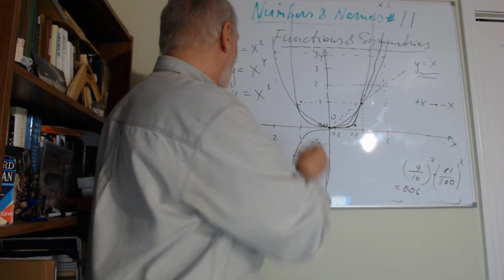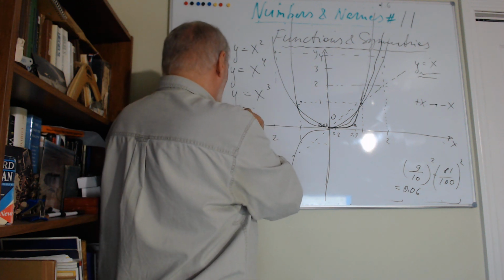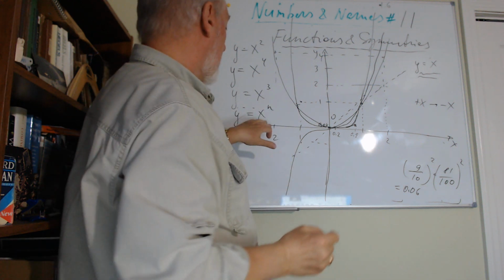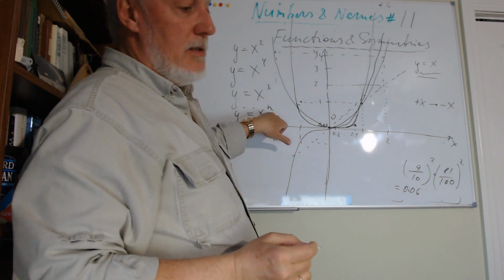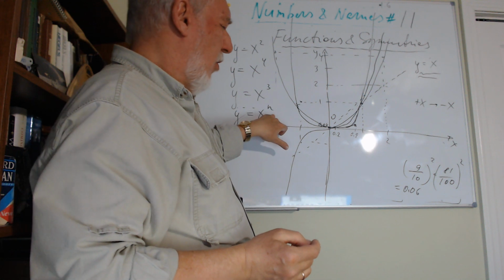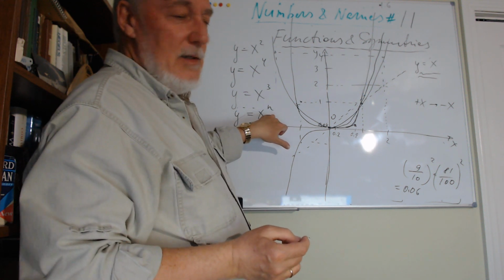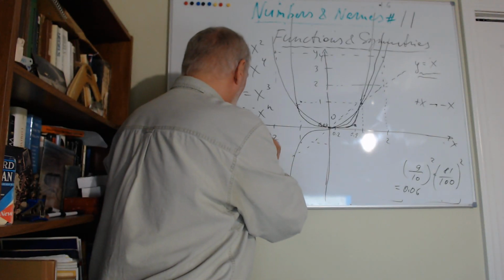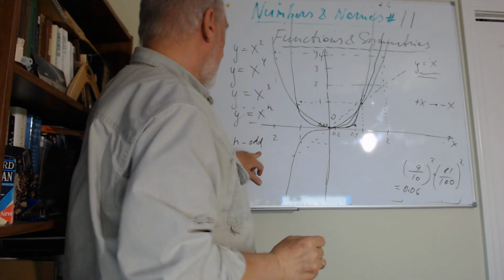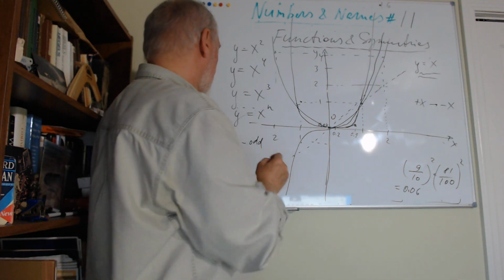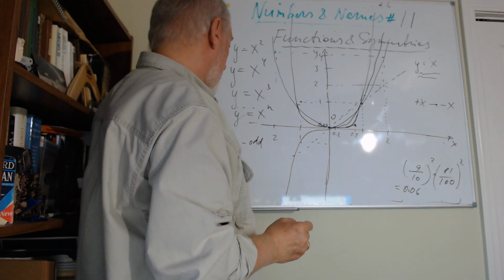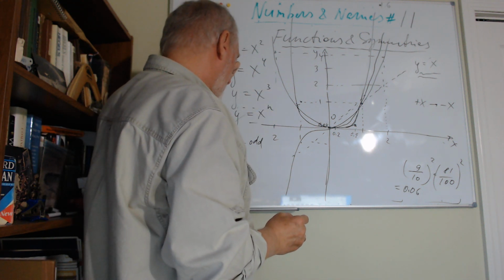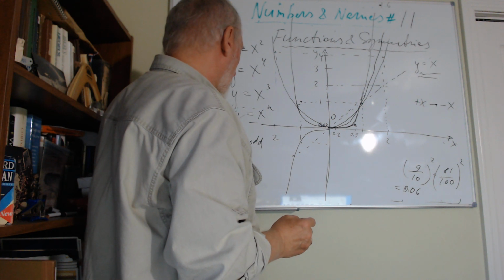And the same thing if you think about it, for example, x to the power of n. If n is odd or even. Odd and even, yeah. If n is odd, it means what symmetry?